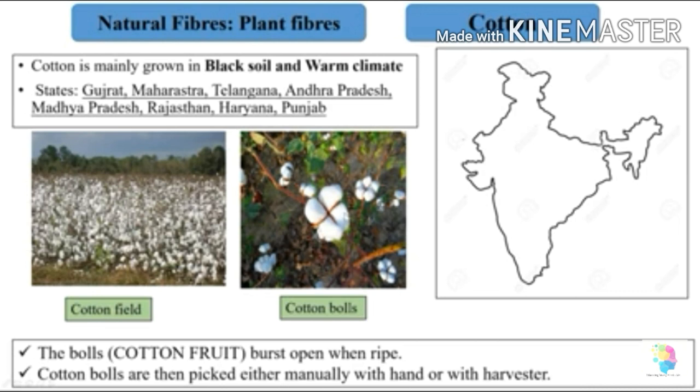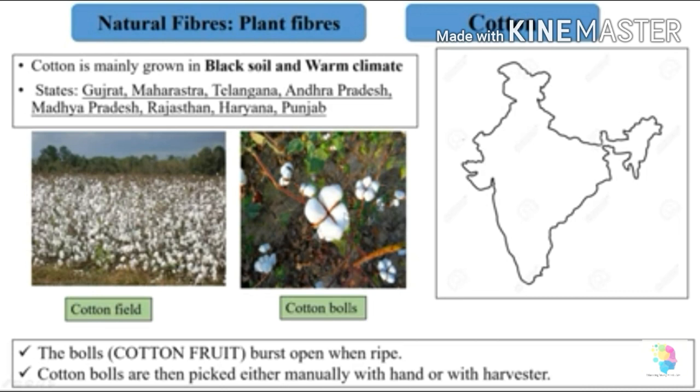We have discussed that first the cotton plant matures and it has its balls. After taking these matured cotton balls, cotton is usually picked by hand and then fibers are separated from the seeds by combing.